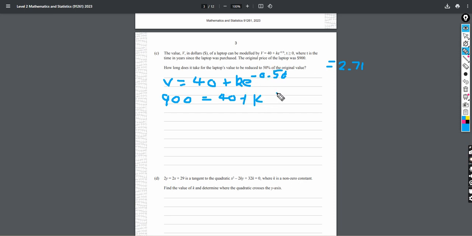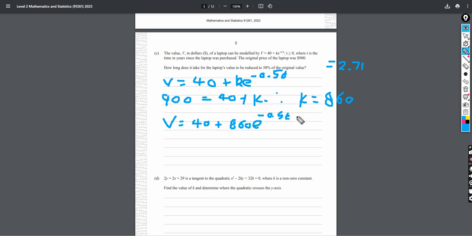So you're going to get 40 plus k, so therefore k equals 860. So hence we have V equals 40 plus 860 e to the minus 0.5t.